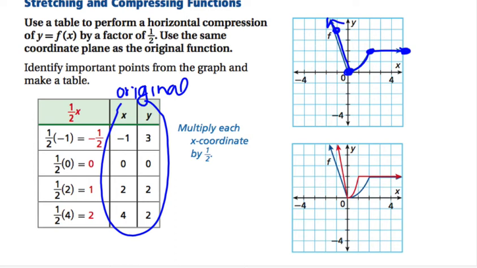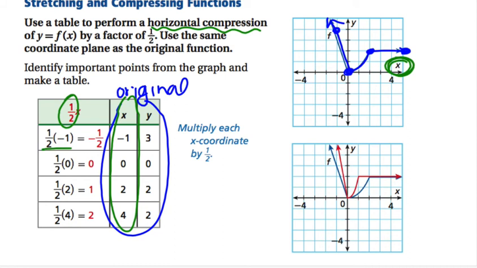And what we want to do is apply a transformation, horizontal compression. So what we're going to do is, horizontal, that's your x, compression, we're going to multiply all those x values, this entire set of values, by 1/2.